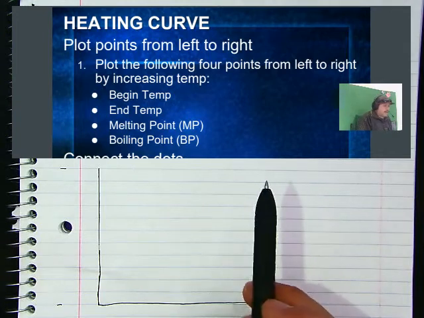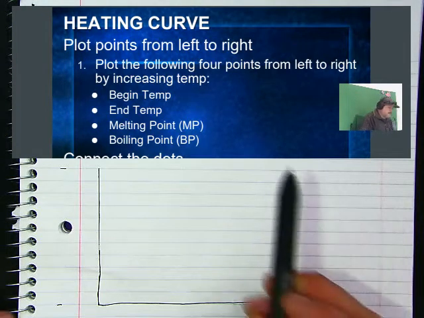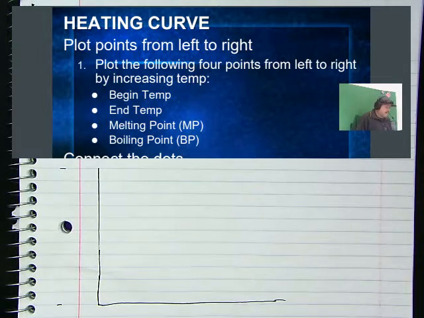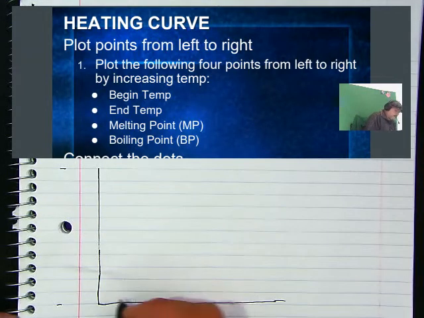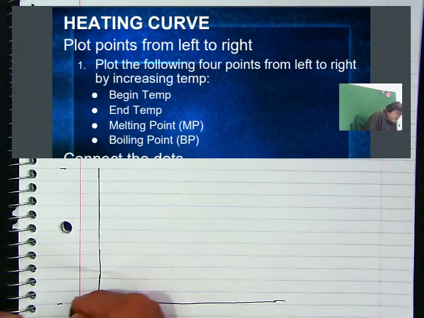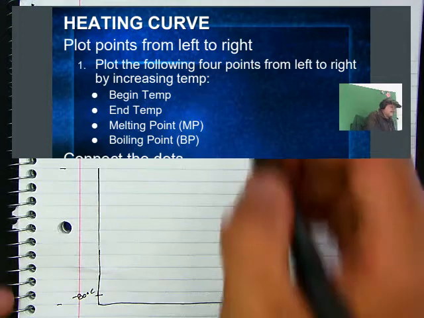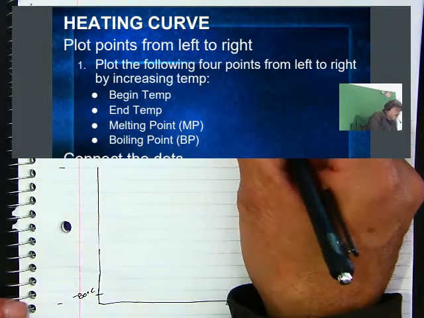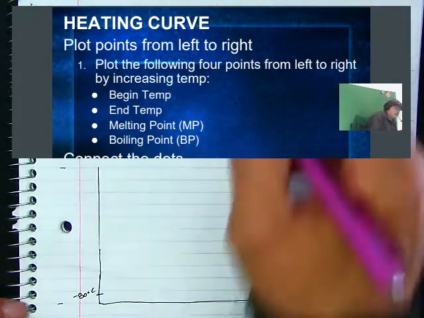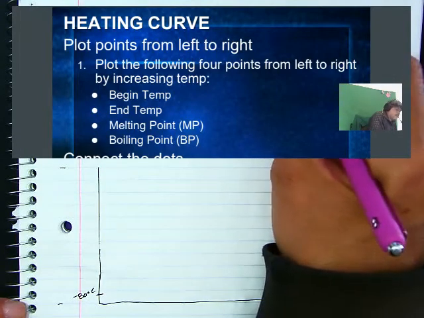So plot the points from left to right by increasing temperature. The first one is negative 80 degrees Celsius. We're going to put that on the bottom here, around right here. Okay, because this gives us the range. These temperatures up here give us the range of your y-axis, so you know how wide you need to make it, so to speak.